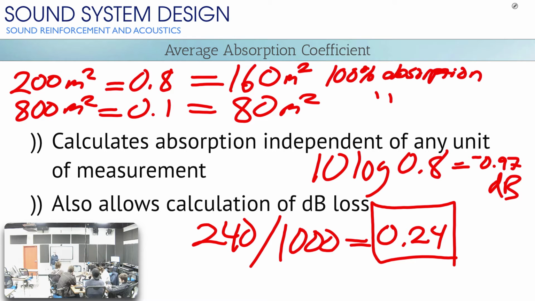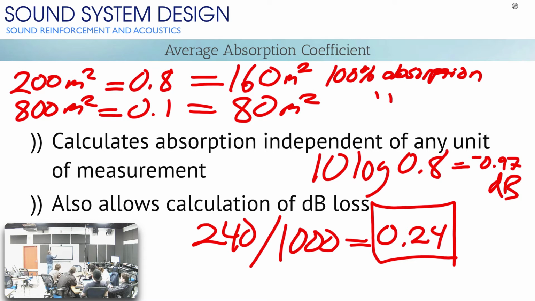Yeah? I have no idea where you got that 0.8 and 0.1 from 200. I just made that up. Oh, you did? Okay. I'm just saying that whatever this is, this is the drywall. You've got 200 square meters of drywall, and it has an absorption coefficient of 0.8. Okay. Actually, these would be curtains.